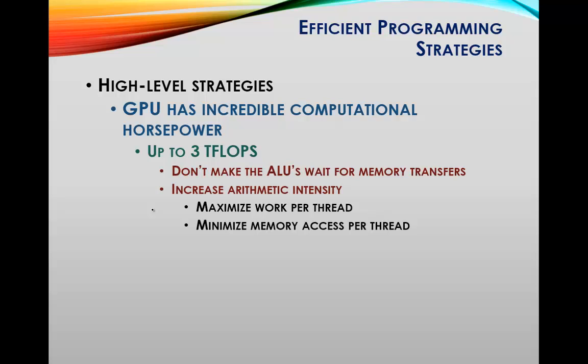In order to improve our computational performance, there are high-level strategies that we can think of and implement that would essentially ensure that we get a lot of flexibility and incredible computational power out of our GPU.